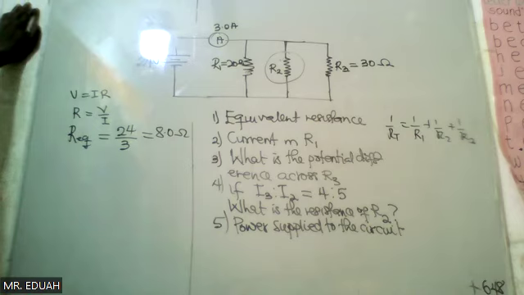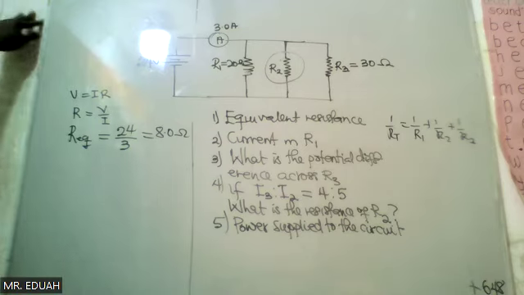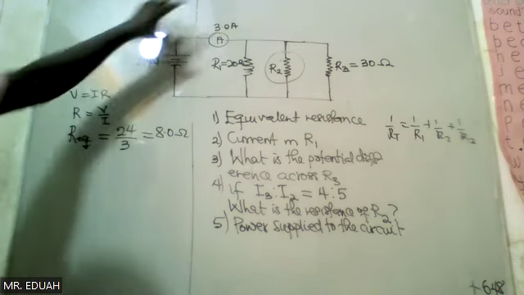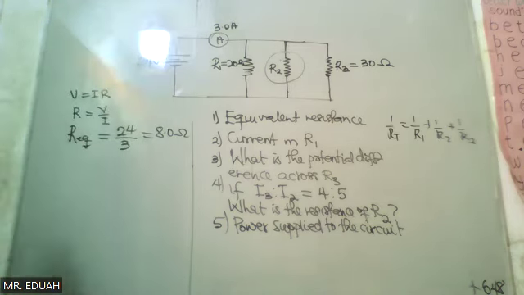Rachel, your hand is up. So, what if you go and do number 4 first and find R2 before you come to find the total? Yes, you can do that. But if you are fortunate to see this quickly, it will do you a lot of good.